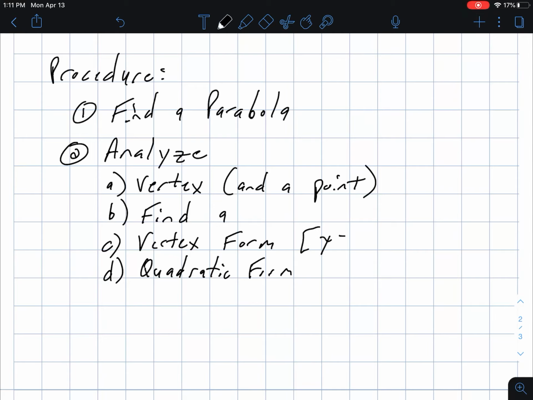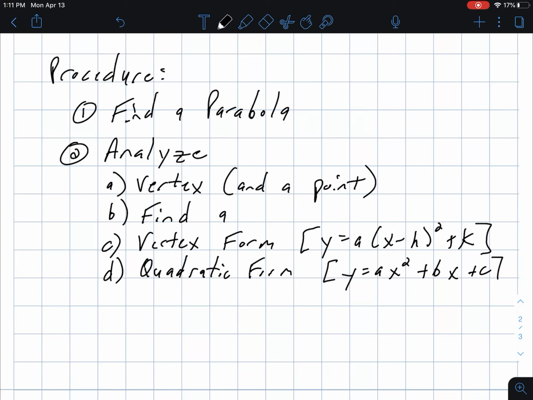And keep in mind here, our vertex form is A times (x minus h) squared plus k. And then your quadratic form, ax squared plus bx plus c. Okay, and then once you're in quadratic form, your y-intercept should jump out at you. So that'll be just your C value. Remember, when you're talking about quadratic form, that's your C value right there.